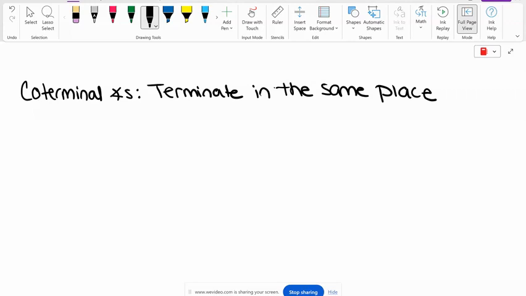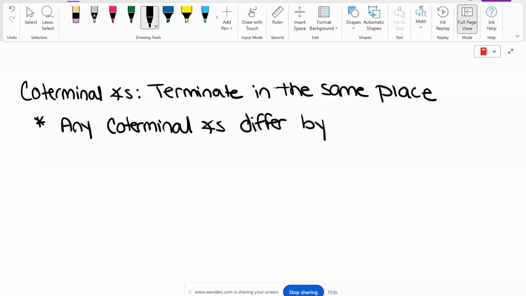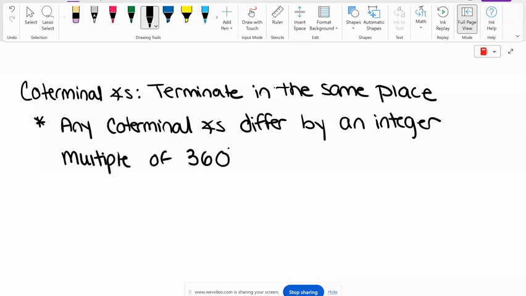And I'm going to put a little star, and I'm going to say any coterminal angles differ by an integer multiple of 360 degrees. And I'll explain to you what I mean by that in a minute.